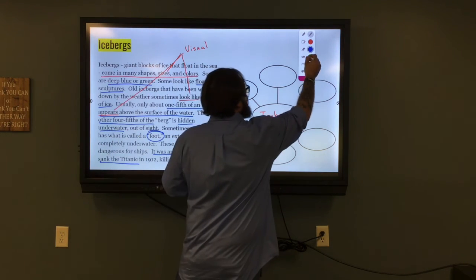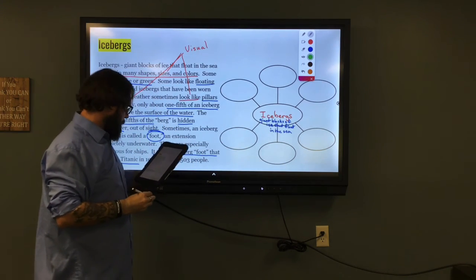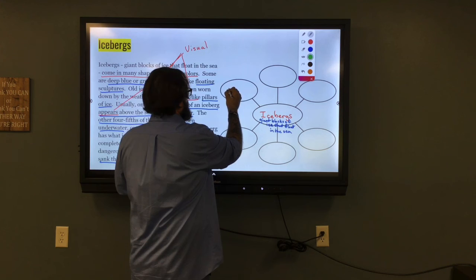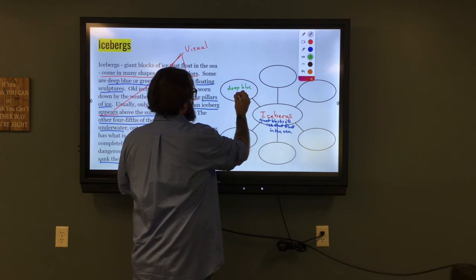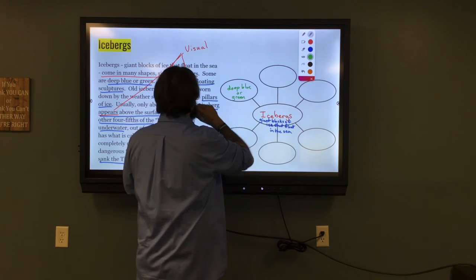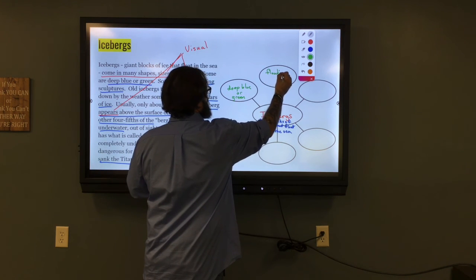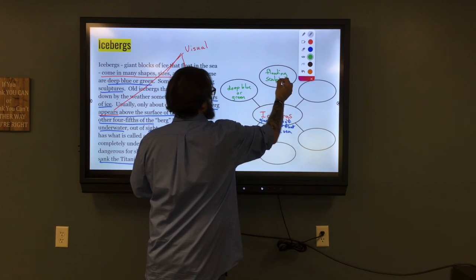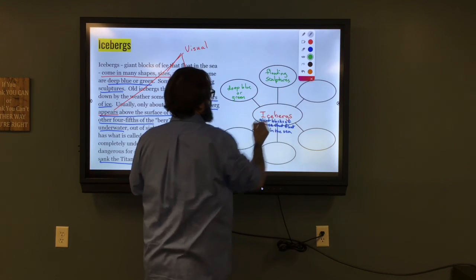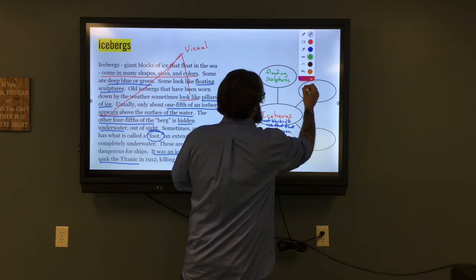So let's input our details from the passage. So we're told that they are deep blue or green, floating sculptures is another detail that's used to describe the iceberg. Pillars of ice.